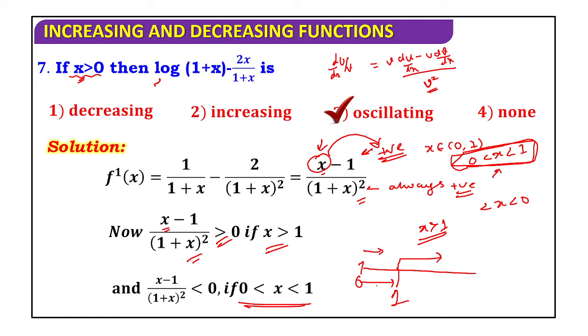Clear? So therefore, whenever x is greater than 0, from 0 to 1 it is negative, from 1 to positive infinity it is positive. So from this, you can just say it oscillates whenever x is greater than 0. Okay.